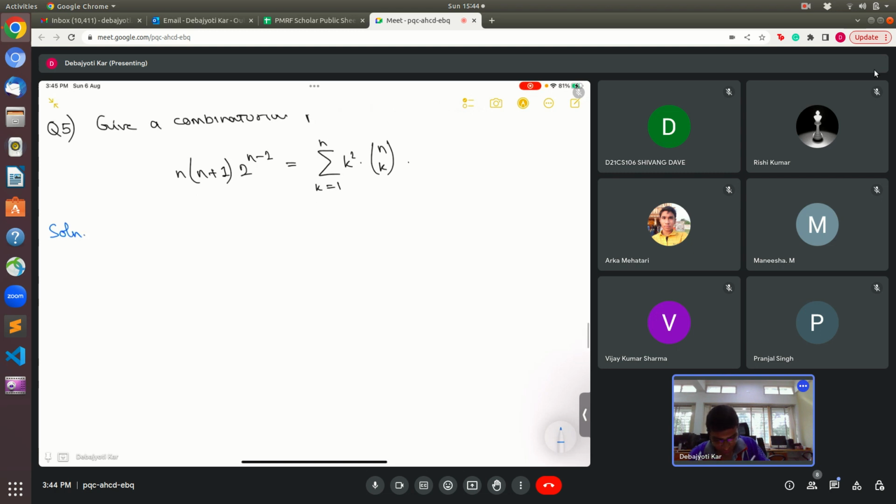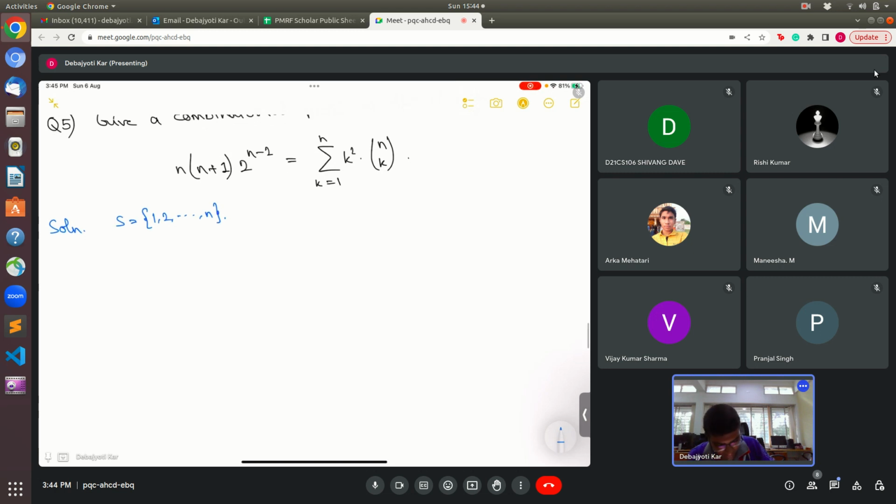Suppose S is the set of numbers from 1 to n.